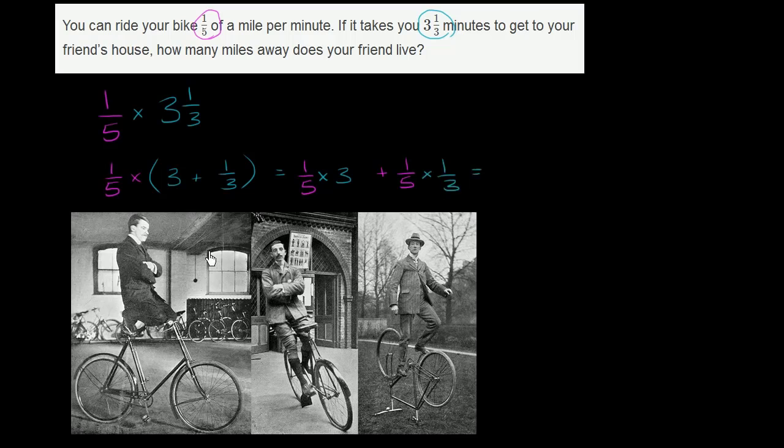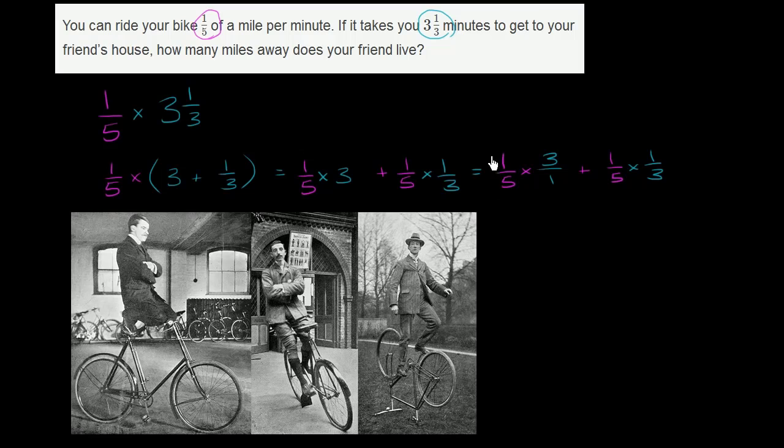And this is going to be equal to, well, we could rewrite 1/5 times 3 as 1/5 times 3 over 1. That's what 3 really is if we wrote it as a fraction. And then, of course, we're going to have plus 1/5 times 1/3.